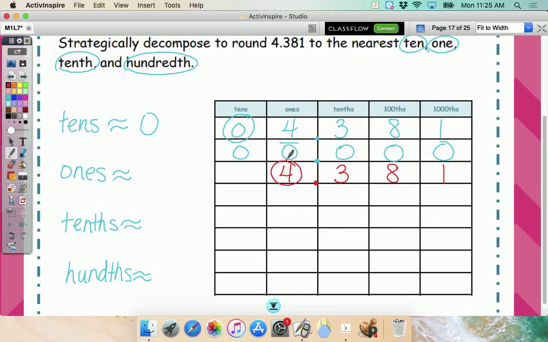And I'll underline the tenths. So here's what I do. I look at the 3 to decide if I keep the 4 the same or if I add 1. So you're going to check which side of the roller coaster the 3 is on. And Jason, keep it the same or add 1? Keep it the same. So this is still a 4.